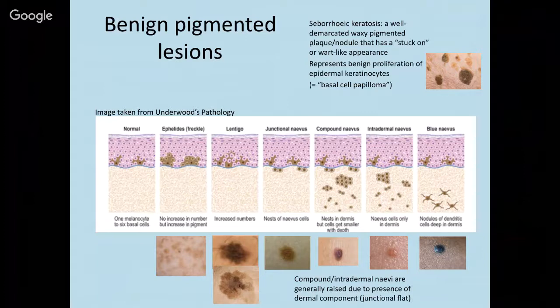It's usually quite well demarcated and symmetrical, which is a good feature, but they can be quite raised. They can have almost a bubbled or warty appearance on the surface. They look really quite ugly. And they represent just a benign proliferation of epidermal keratinocytes, so they may also be called a basal cell papilloma.